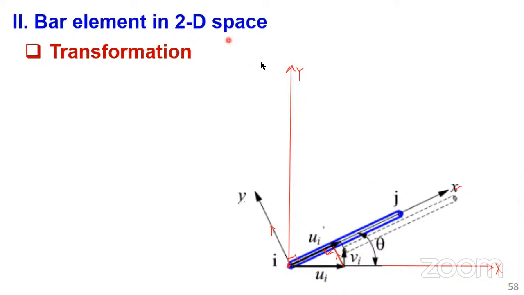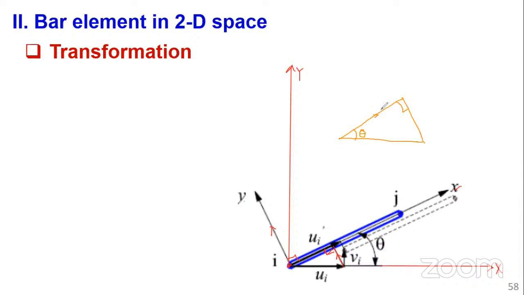Let me extract it for you so that maybe you can see it a bit clearer. I have this right angle triangle like this, with the right angle here. This angle is theta.